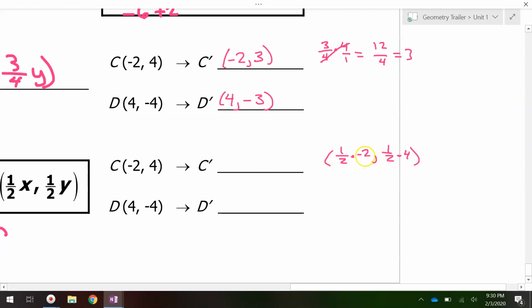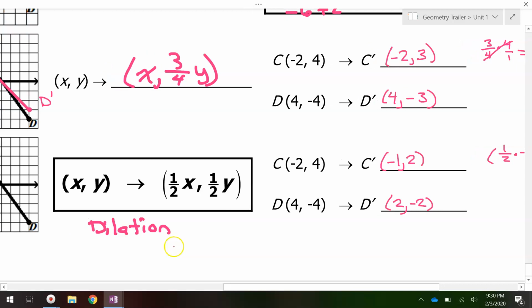Half of 2 is 1, so this will be negative 1. Half of 4 is 2, so we will have negative 1 comma 2. All right, similarly, half of 4 is 2, and half of negative 4 is negative 2. So we can easily plot these points.